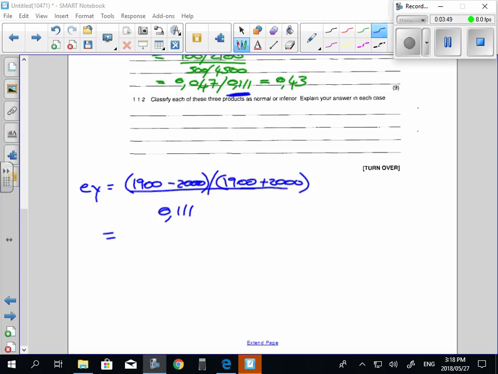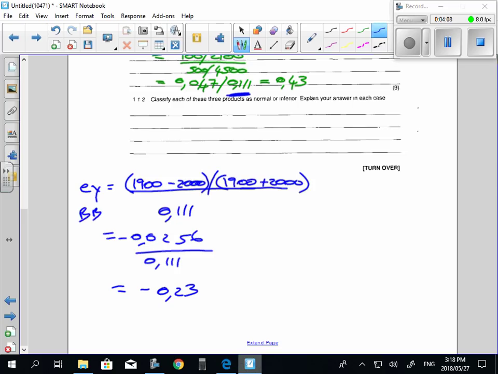And if you solve for that, you should get an answer of 0.0256 divided by 0.1 equals minus 0.23. Okay, so for your brown bread, you should get an income elasticity of minus 0.23.